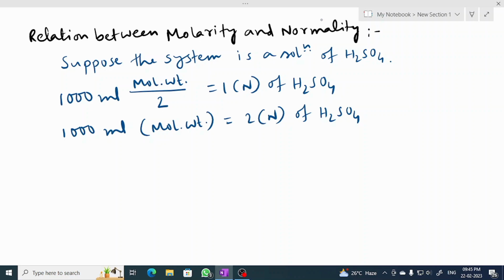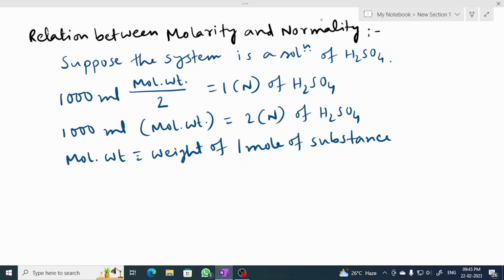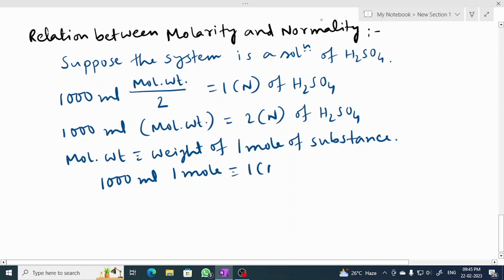Molecular weight is the weight of 1 mole of substance, and 1000 ml 1 mole is nothing but 1 molar.